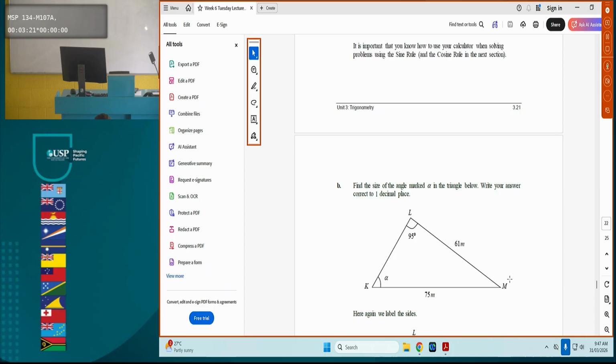What is this symbol? That's a Greek alphabet, alpha. So in order for us to find the value of alpha, we'll take the 61 to the other side. We'll multiply it. Calculate, somebody.